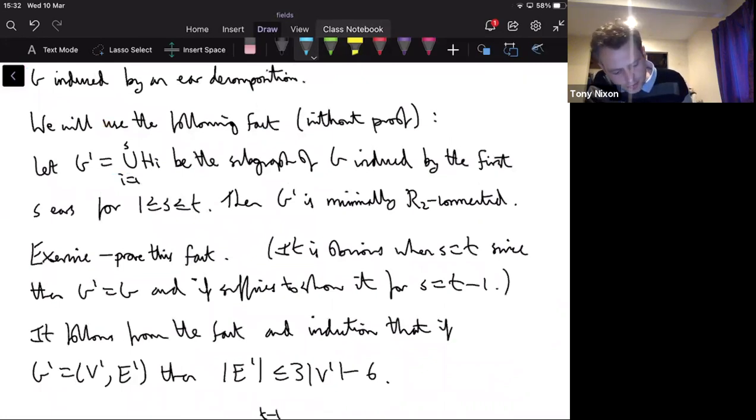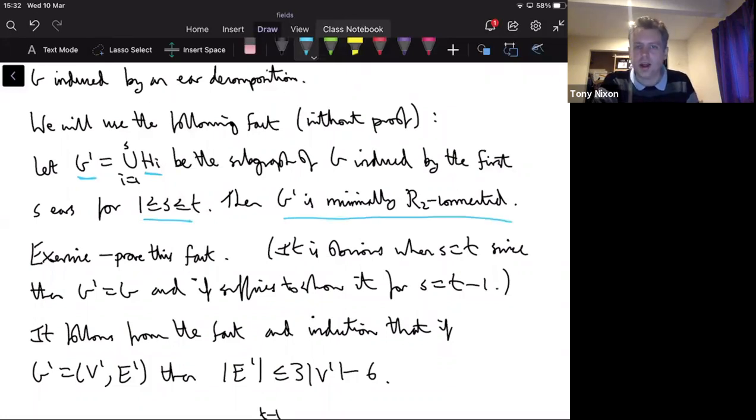I define the subgraph of G induced by the first S ears. In particular, I take the first S ears H1 up to HS, take their union and let G dash be that union for some S between 1 and T. Then the fact is that this is a minimally R2 connected graph.